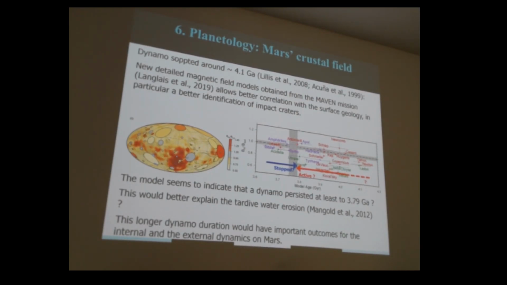So it means that 150 kilometer resolution means that you can start making some statistics on the large impact craters. And there are plenty of large impact craters on Mars. And of course, the smallest impact craters you don't have access to, because the model is not accurate enough, is not resolved enough.